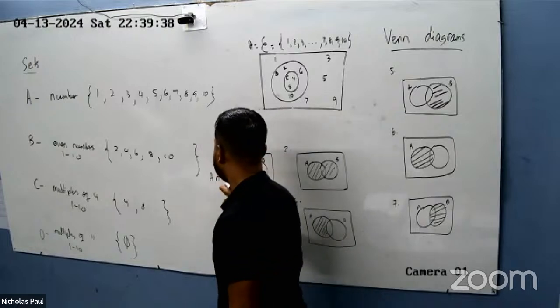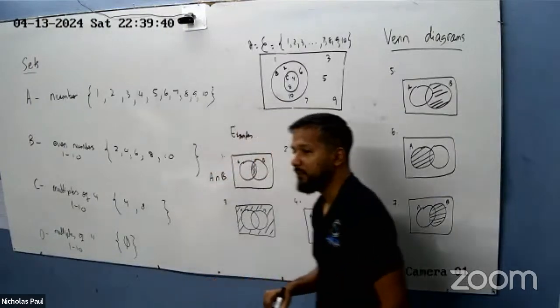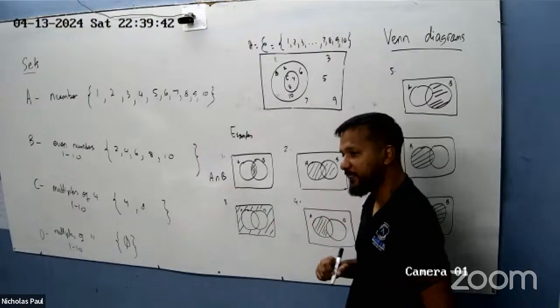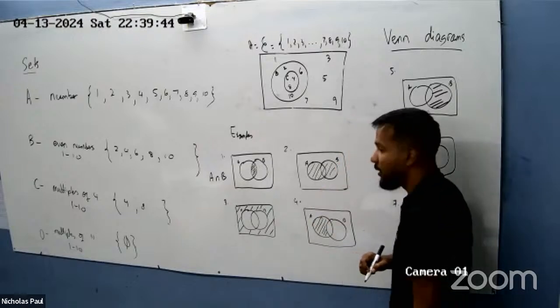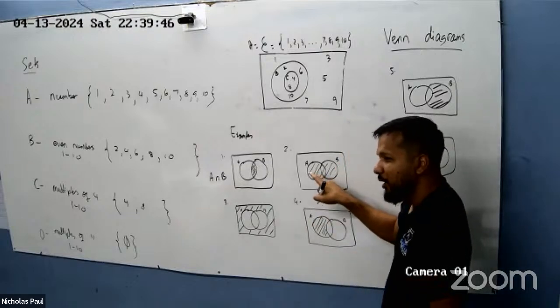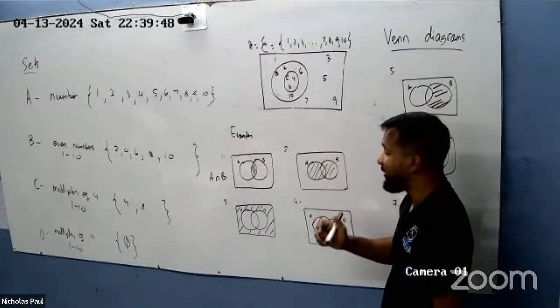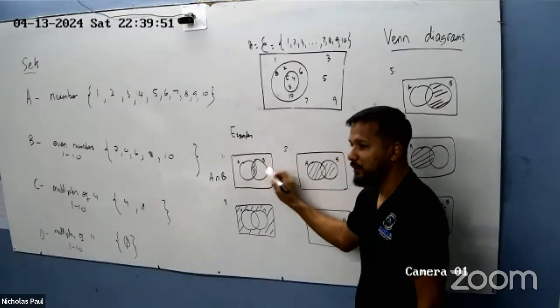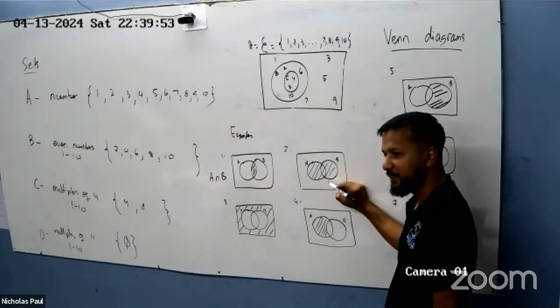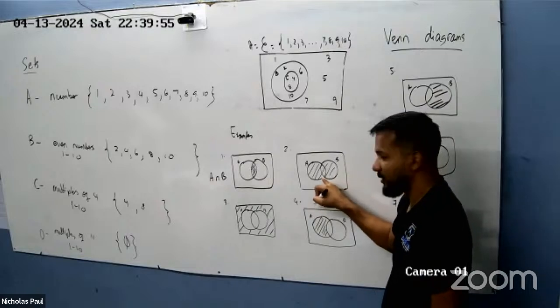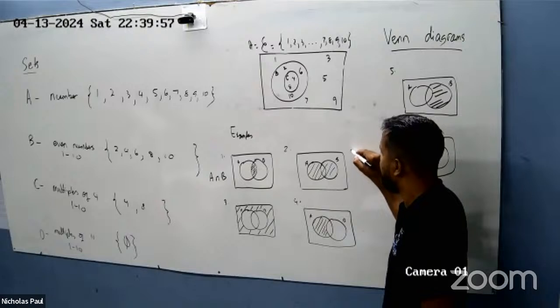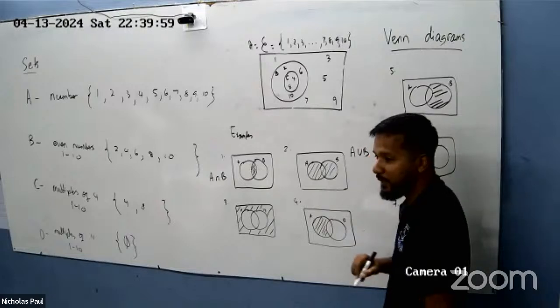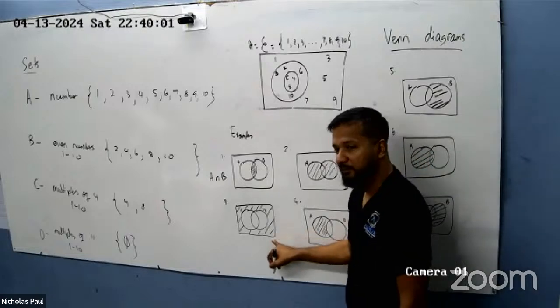A intersect B. Nathan, what do you think this one here is? Remember, universal is everything. So what is this? Union. This is A union B. Nice.